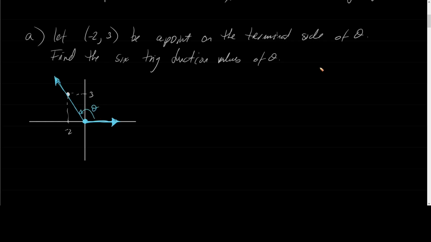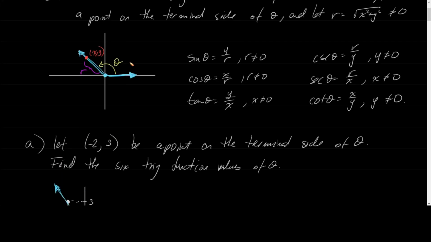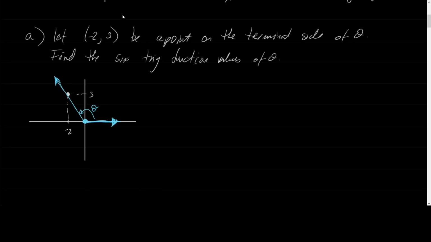Well, what did we need for all the 6 trig function values? We needed the values of x and y, but also the value of r. And remember, r is this distance over here, which is defined by essentially the Pythagorean theorem, or r is equal to the square root of x squared plus y squared. So in here, let's figure out what r is, because remember, this point right here is -2, 3.